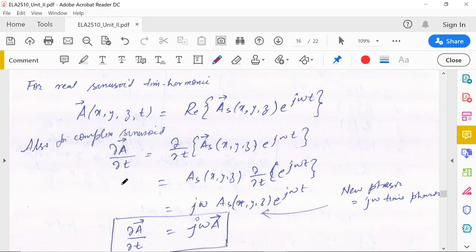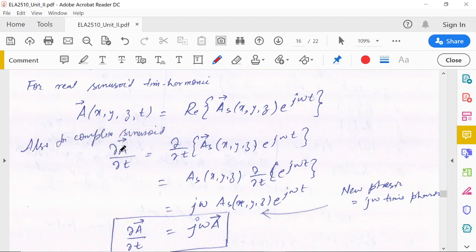Let's take, for example, the complex sinusoid where you want to find the phasor form of its derivative. We have this A, which is a function of space and time, and we want to obtain its derivative and then find its phasor form.